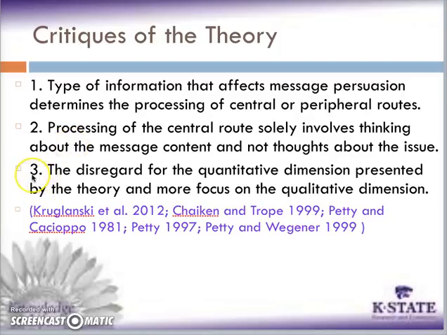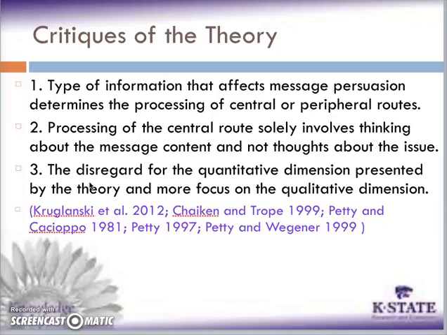Lastly, a third instance of misinterpretation is the disregard of the quantitative dimension presented by the theory and more focus on the qualitative dimension. This quantitative dimension of the peripheral route involves low elaboration persuasion that is quantitatively different from the central route that involves high elaboration.